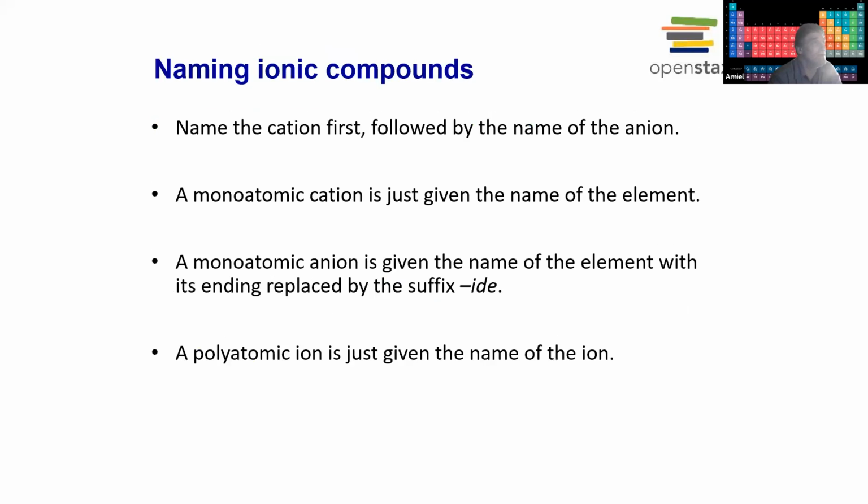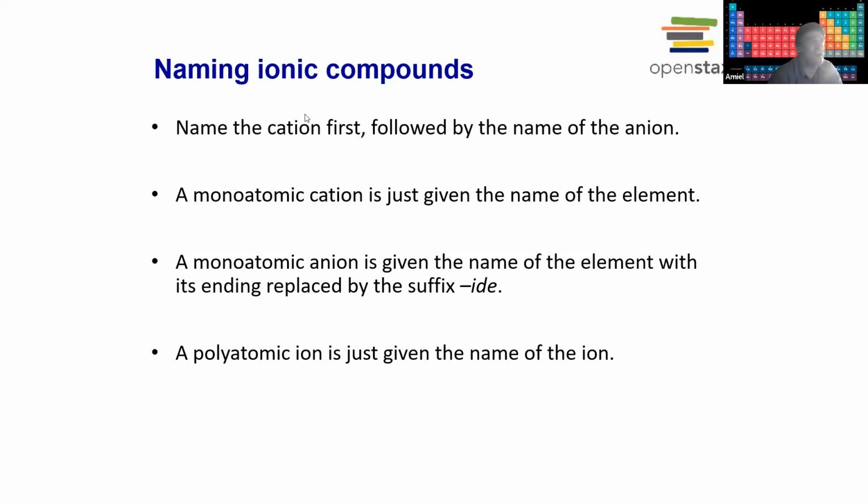Okay, when naming ionic compounds, you name the cation first, followed by the name of the anion. Think of naming for this section, think of sodium chloride, NaCl.